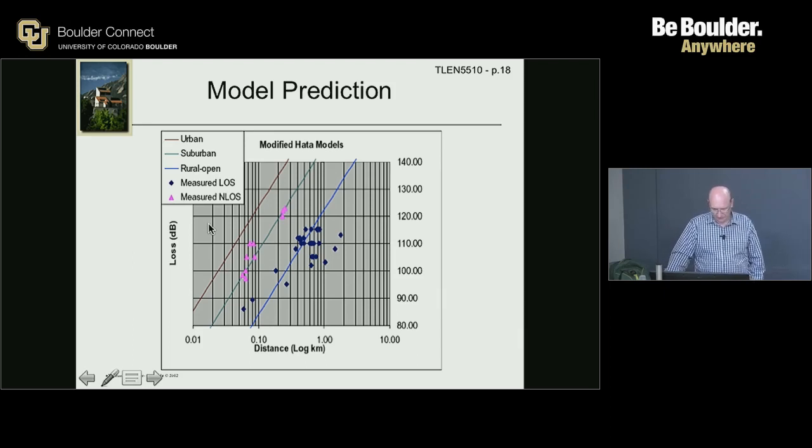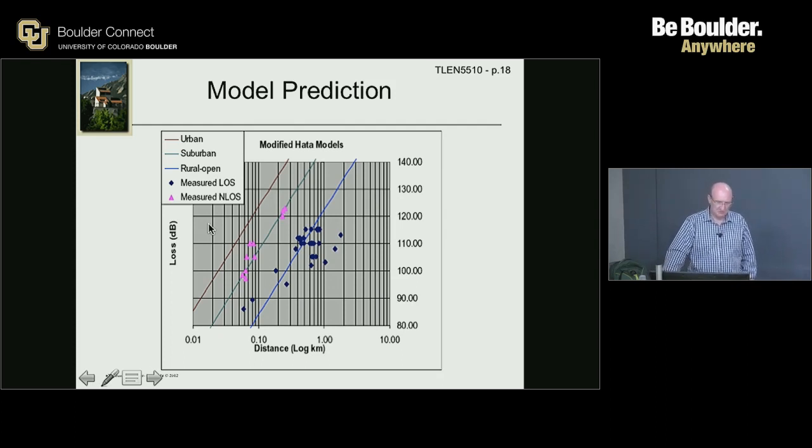This is a number of things I measured at 5.8 gigahertz long ago, and we flag differently the ones measured in line of sight versus non-line of sight. And then in this case, I could have just come up with my own model, or I decided here to compare it to the Hata model in urban, suburban, rural, open.